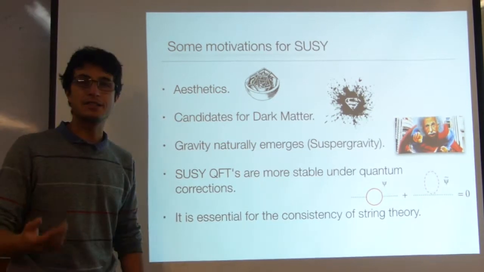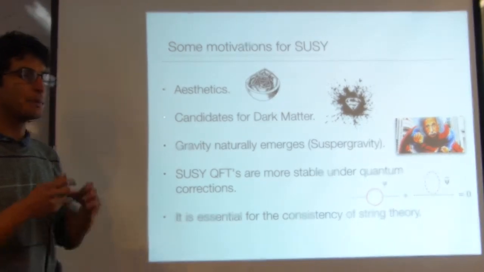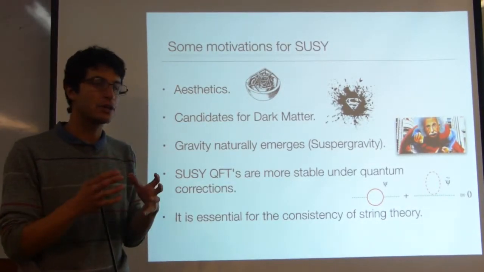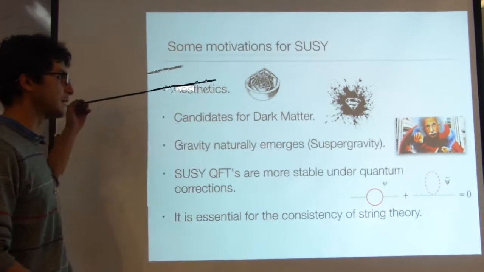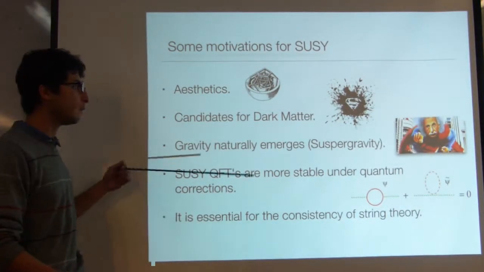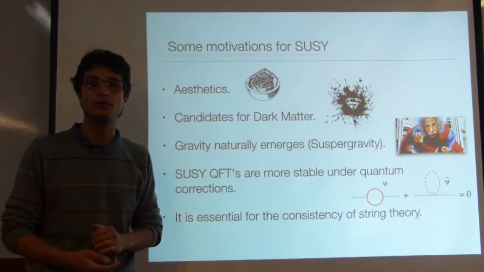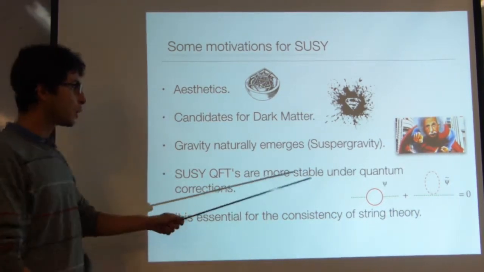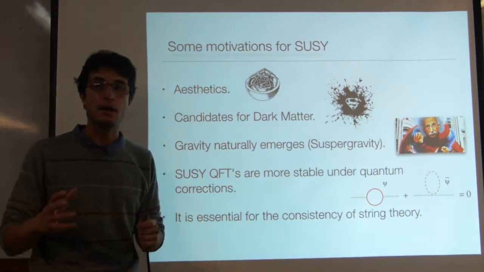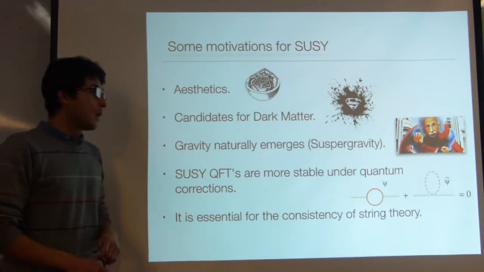Supersymmetry has many appealing features. First of all, it's very appealing as a way of construction. It's a very restricted theory, it has aesthetics, it has candidates for dark matter, and it has a very natural emergence of gravity that we call supergravity. In fact, when we go to a local version of supersymmetry, we get supergravity.